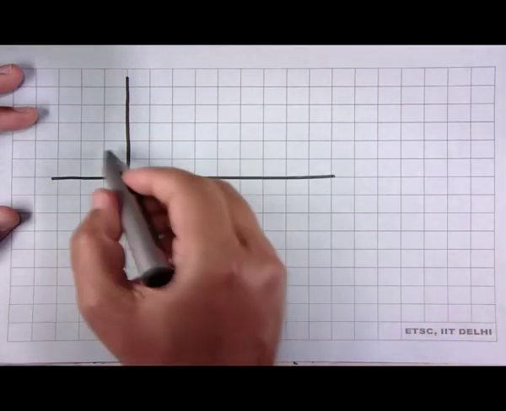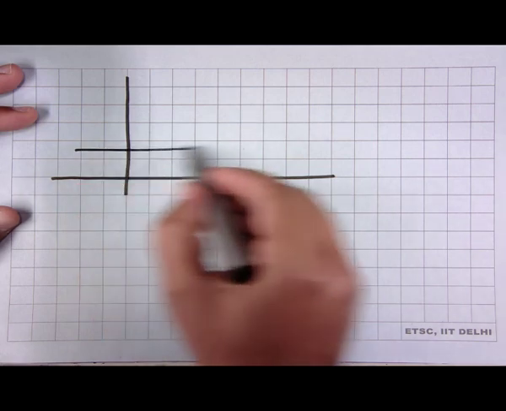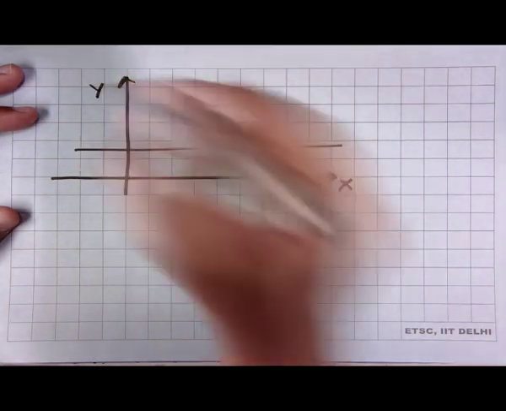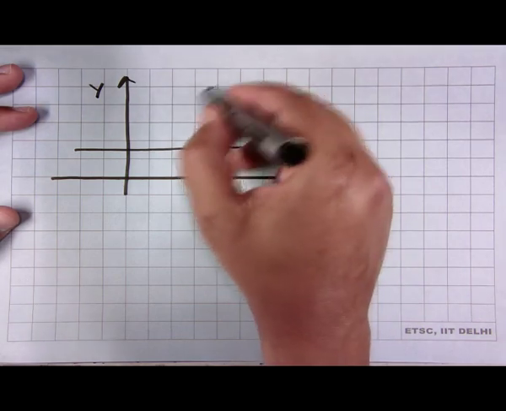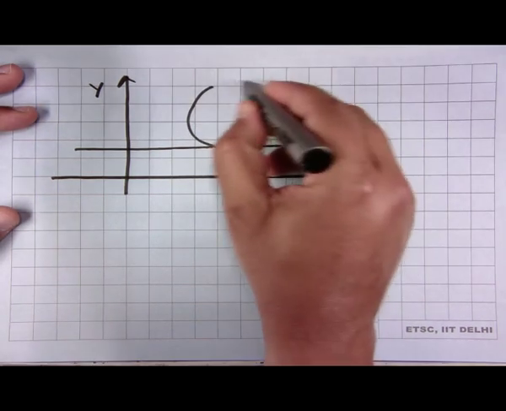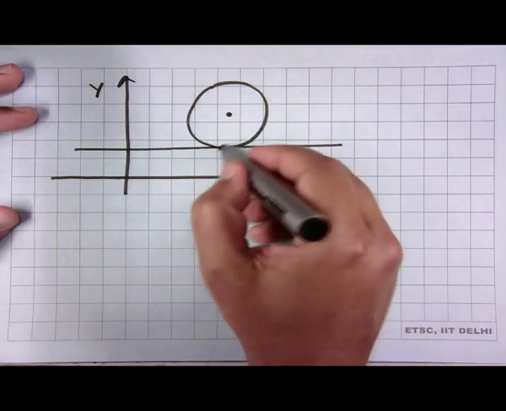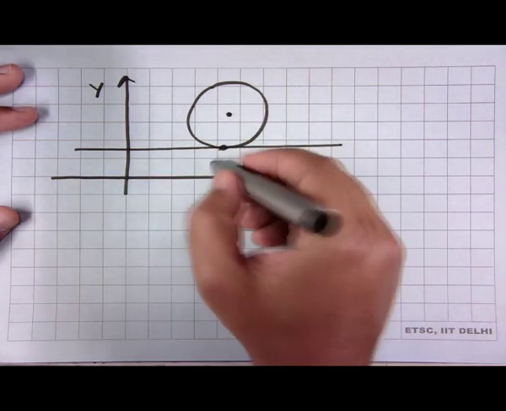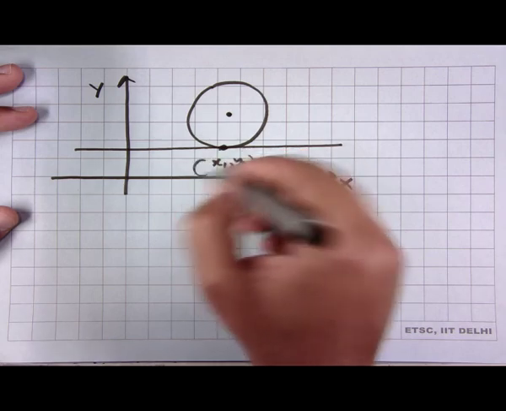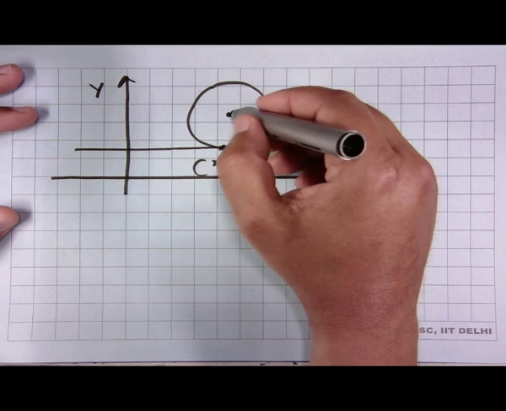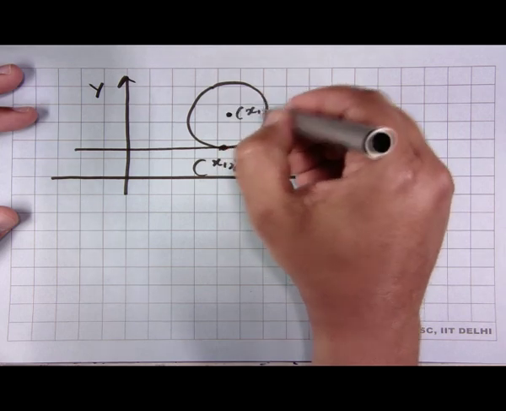The second case is when the straight line happens to be parallel to the x axis. For any circle which touches this straight line at a point x1 y1, the x coordinate of the center of the circle will obviously be x1.